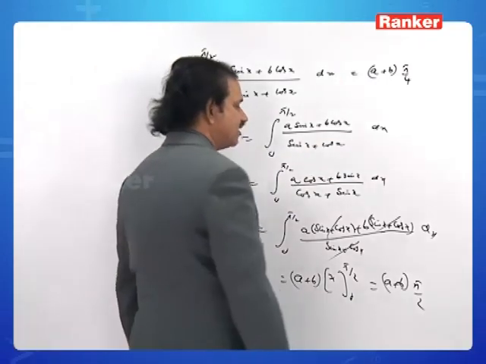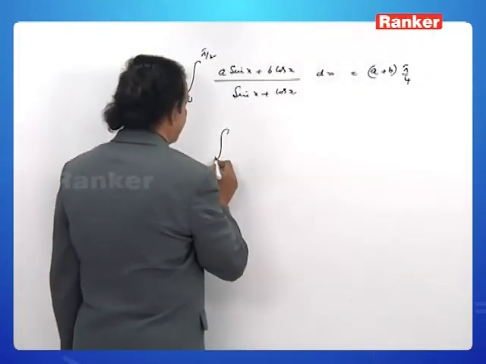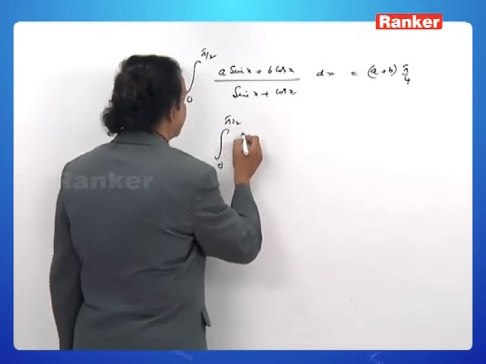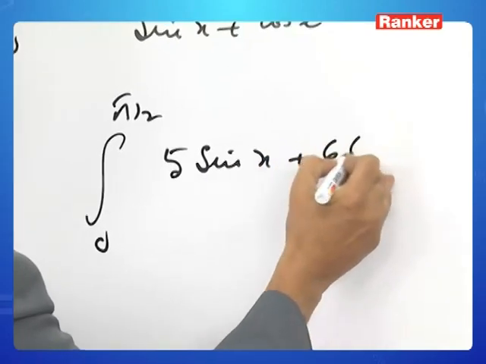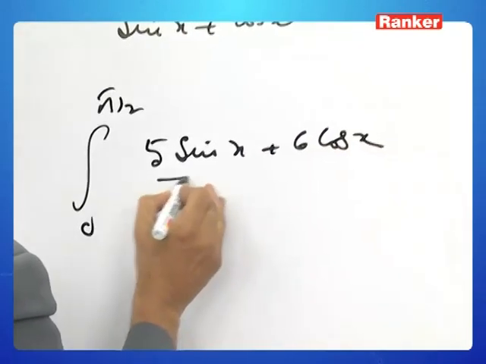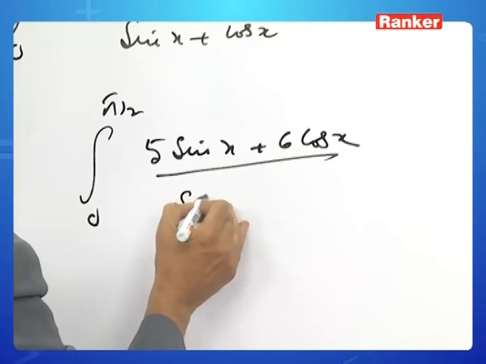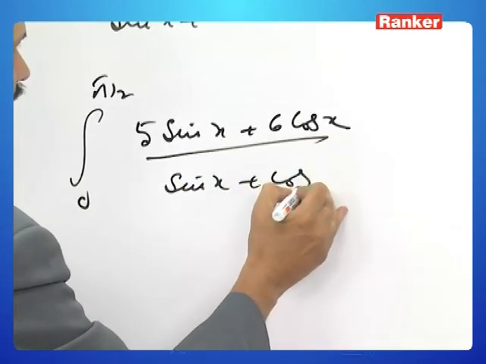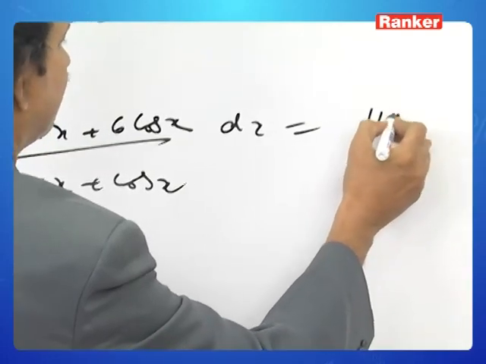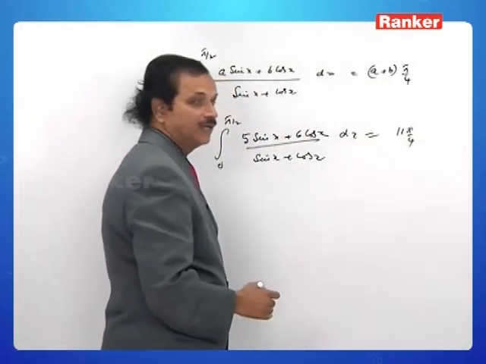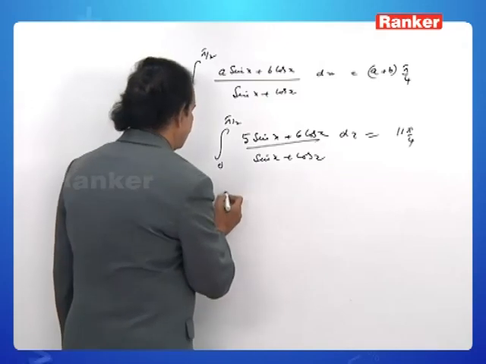The formula is correct. Therefore, integral 0 to pi by 2, 5 sin x plus 6 cos x by sin x plus cos x is, come on, a plus b, 11 pi by 4.